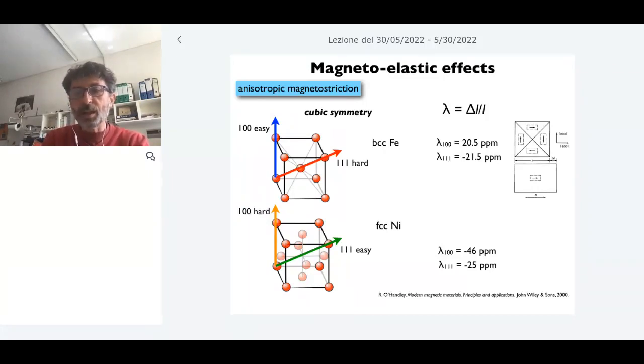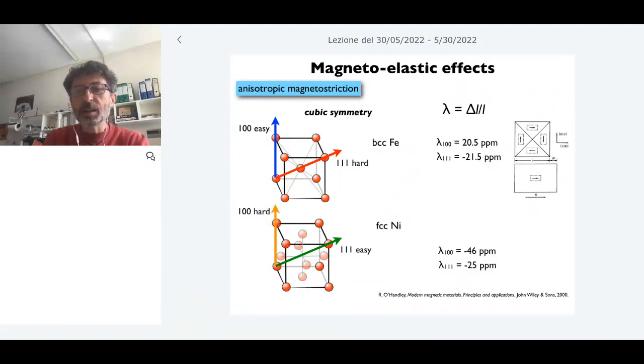Because if we consider also the magnetization in the cell itself, we discover that the cell is not exactly cubic. The size or the shape of the cell depends on the direction of the magnetization.